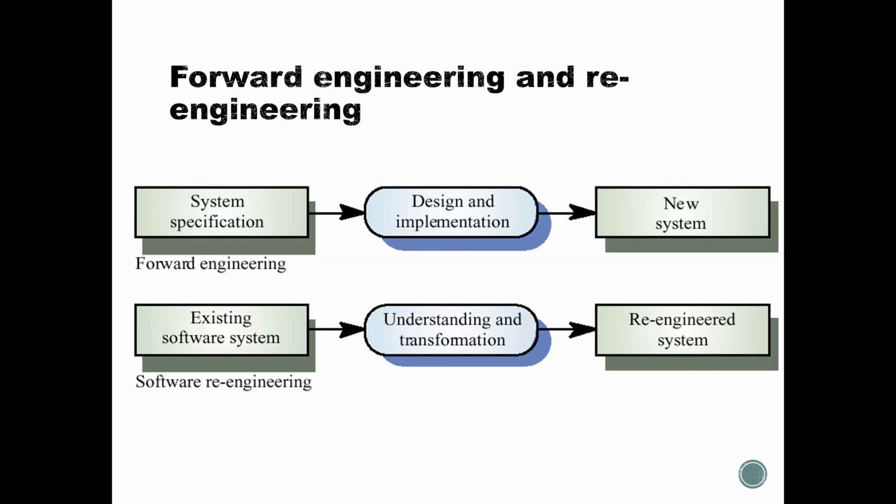So the main difference between forward engineering and software re-engineering is you don't start from the scratch in software re-engineering. In forward engineering, you start from the requirement specification and then you go to the new system. In software re-engineering, you start from the existing legacy or existing software system, and then finally you deliver a product to the customer which is a re-engineered system.